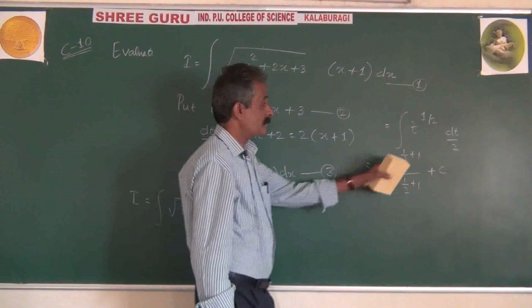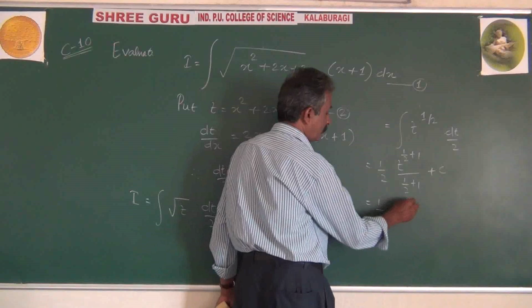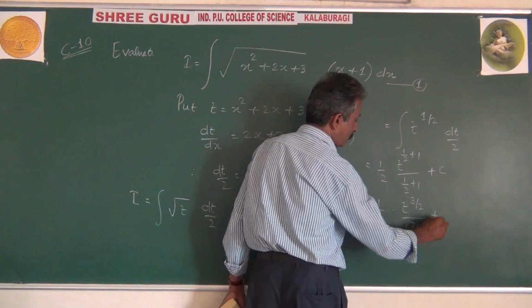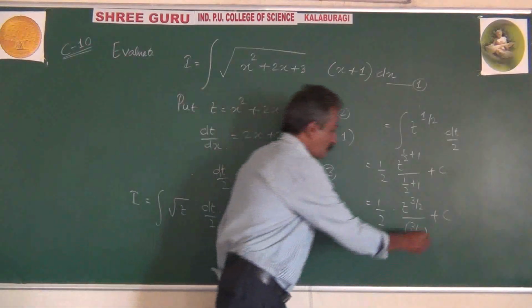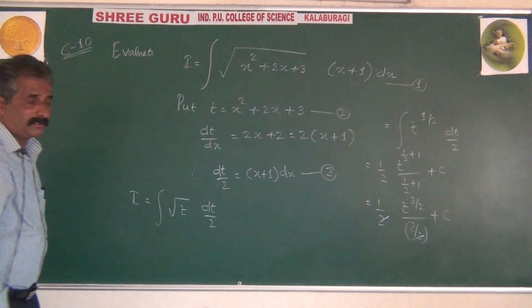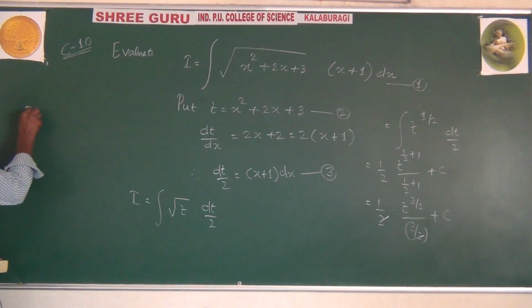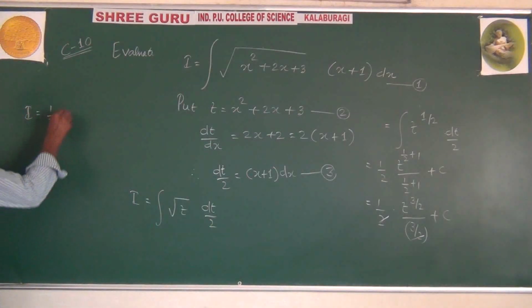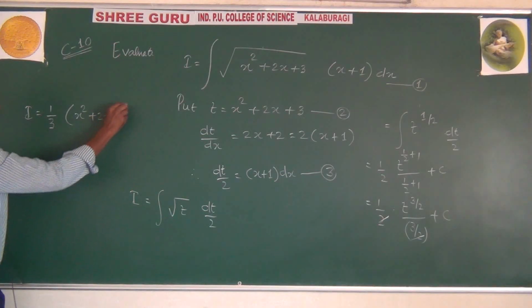Further, half plus 1 is 3 by 2. Hence 1 by 2 t to the power 3 by 2 divided by 3 by 2 plus c. Now 2 cancel out, and replace back the value of t. Finally I equal to 1 divided by 3 into x square plus 2x plus 3 to the power of 3 by 2 plus constant.